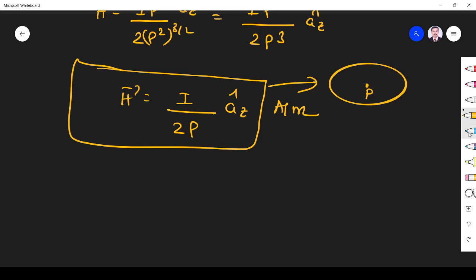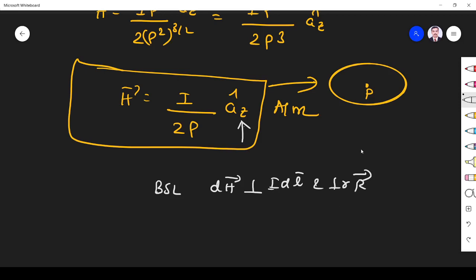You see, there is a beautiful thing. Our answer is correct because H is in the A z direction. Why? We know that as per Biot-Savart law, the resultant magnetic field should be perpendicular to I dl and perpendicular to the R vector, right?